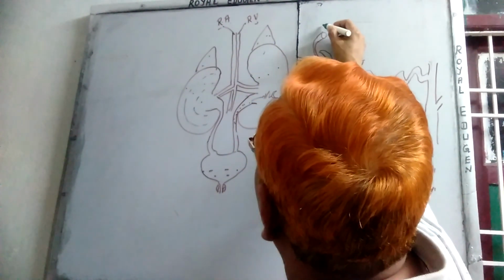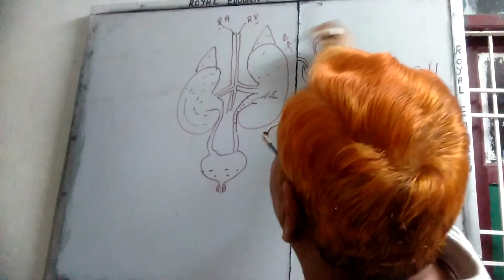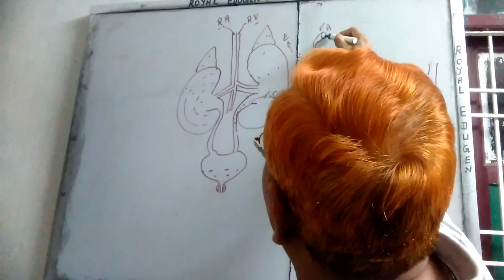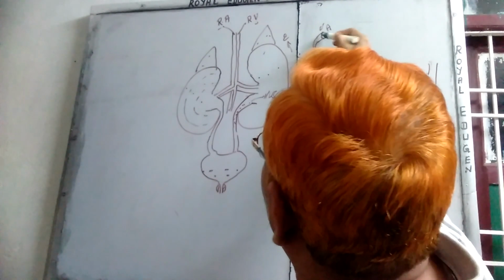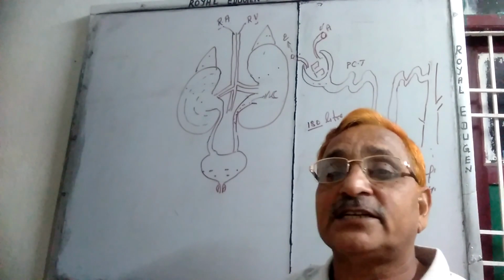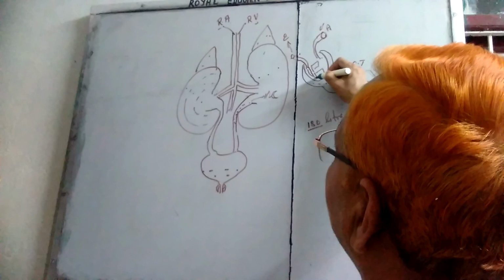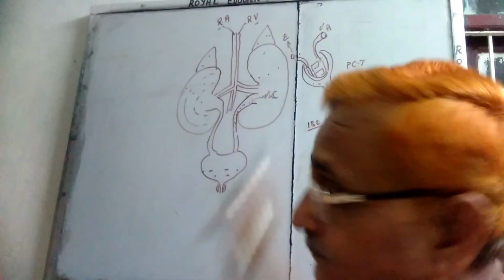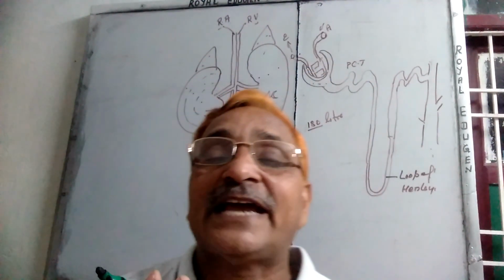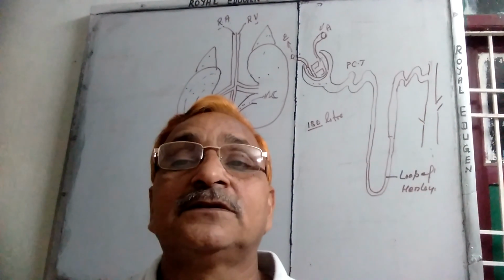Through the afferent artery the blood comes, and through the efferent artery the blood goes. As you draw the diagram, the afferent lumen is slightly wider and the efferent lumen is slightly narrower. So net pressure is created inside the Bowman capsule. This one is called the glomerulus, in which the blood vessels pass through a cup-like structure called the Bowman capsule, and with the help of this pressure, the blood is filtered.